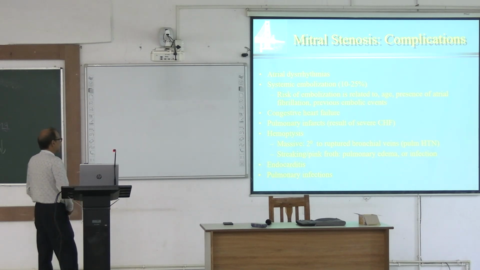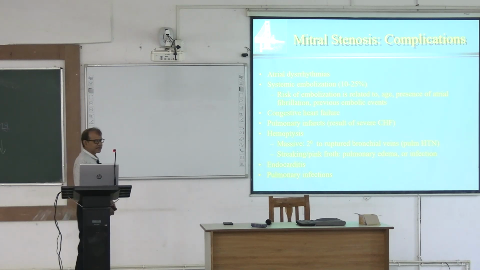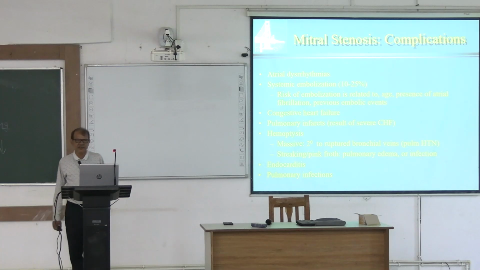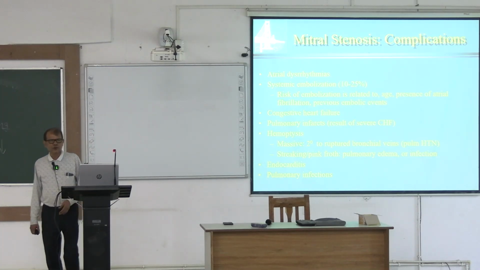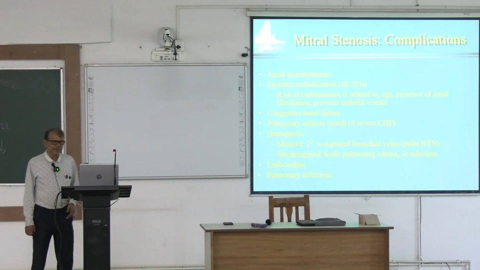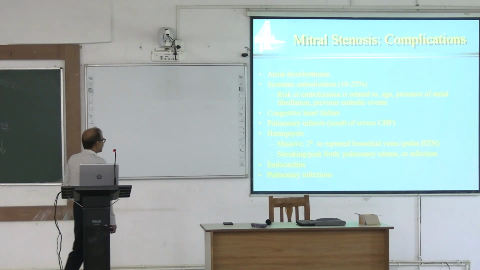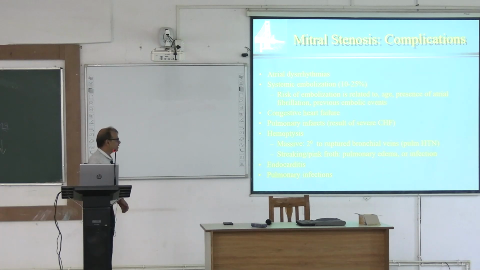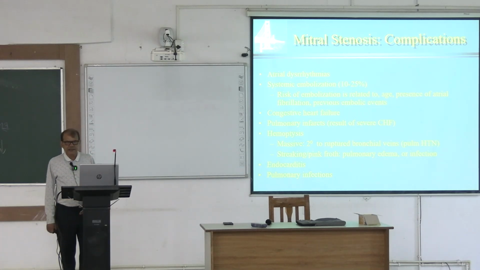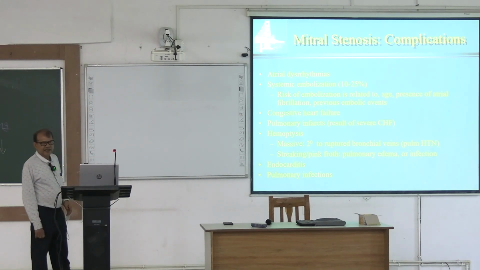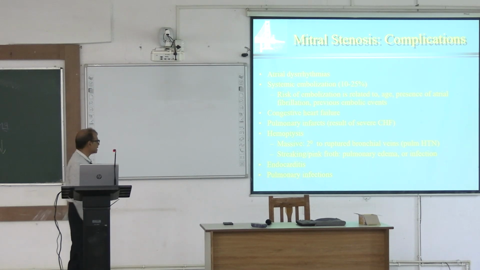Now complications: atrial dysrhythmias, especially atrial fibrillation. Besides that, premature atrial contractions or supraventricular tachyarrhythmia may be present. Second, congestive heart failure. Third, systemic embolization. Fourth, pulmonary infarct. Fifth, repeated pulmonary infections, especially in the winter months.